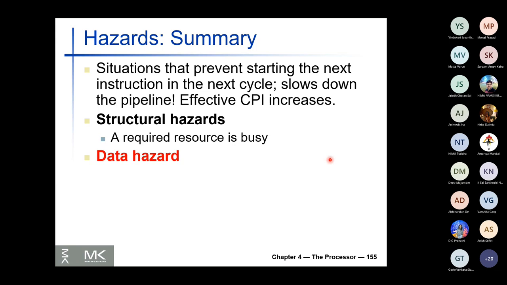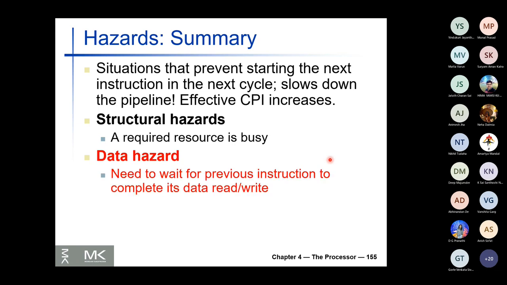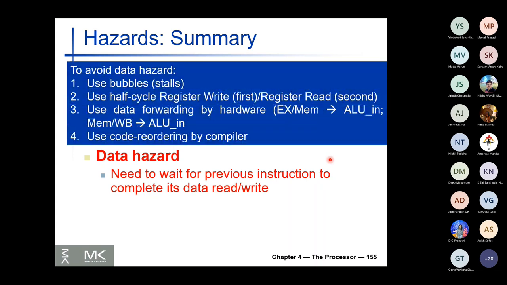a data hazard. Then you need to wait for the previous instruction to complete its data read or write. We have studied various techniques that use bubbles or stalls, use the half cycle strategy for register write in the first half cycle and register read in the second half cycle, data forwarding from different interface stages to the input of the ALU and so on, and code reordering by the compiler.